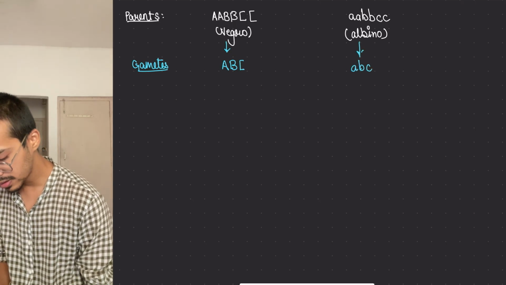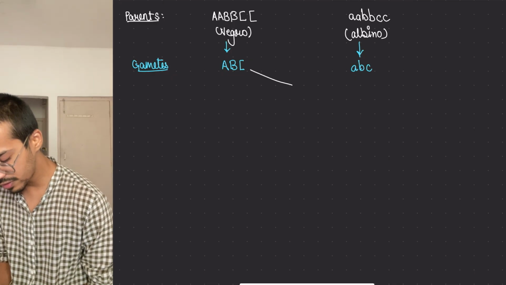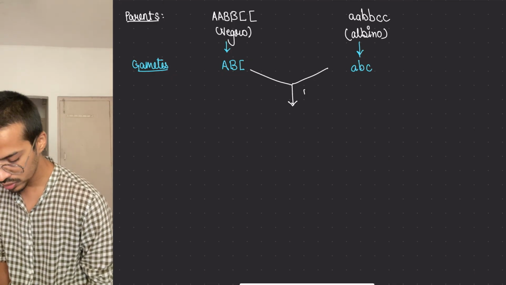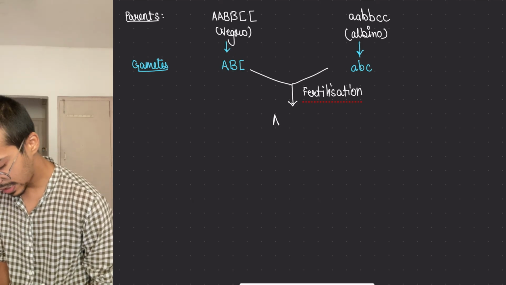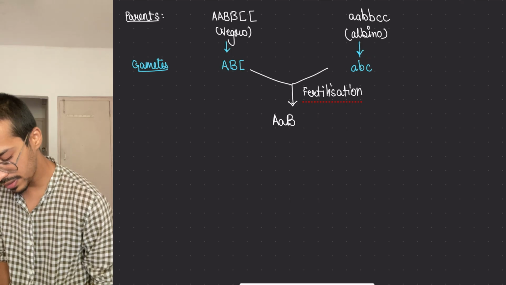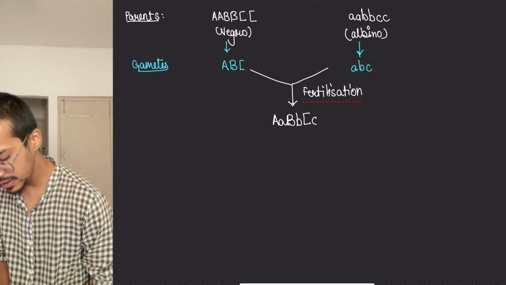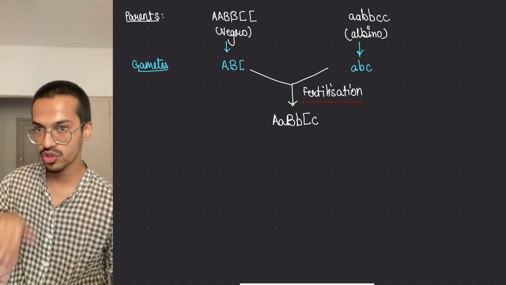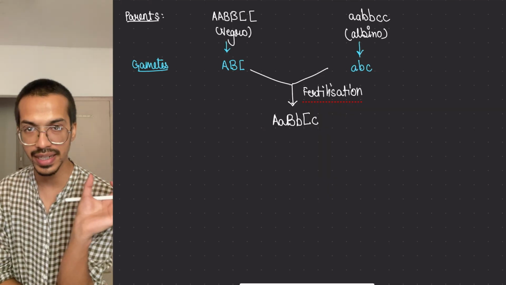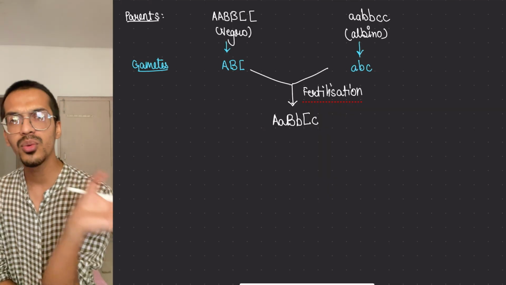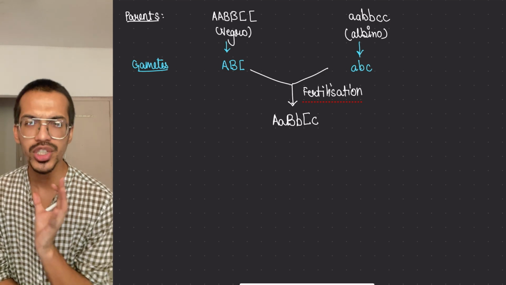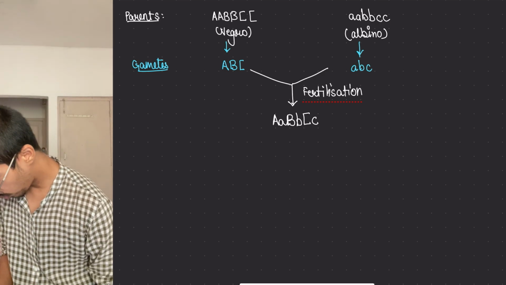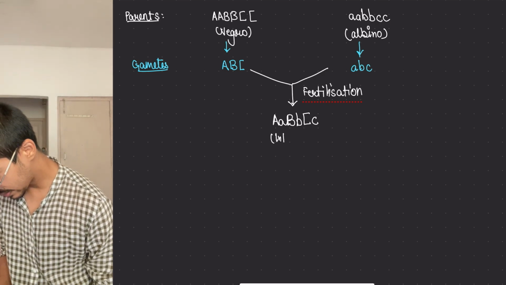Now there will be a cross, so there will be fertilization, and the zygote that forms will have capital A, small a, capital B, small b, capital C, small c. Now this child that will form is intermediate, meaning a dark-white mix, fairly in between in shade. So the shade would be intermediate.